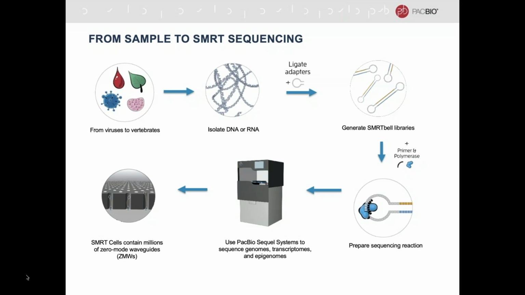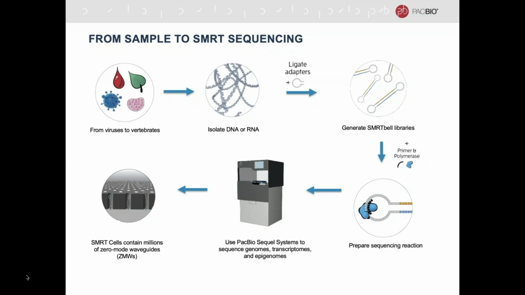So let's look a little bit deeper in the workflow of this. You're going to start off with your sample of interest, whether this is a virus or all the way up to much larger vertebrates. You'll isolate your DNA or RNA as you do with all sequencing technology. And then you'll go into the PacBio library preparation, and we call this a SMRTbell library.